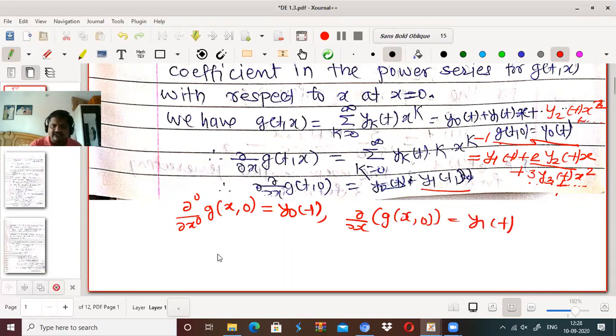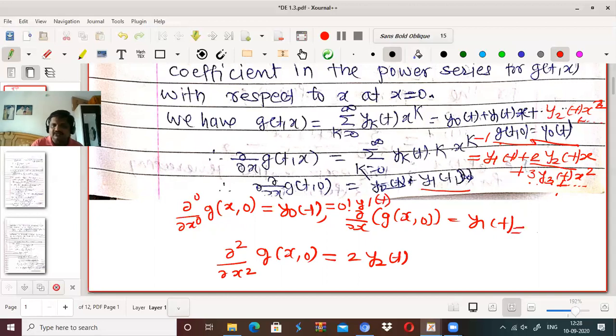If you take the second derivative, what will you get? ∂²/∂x² of g(x, 0) becomes 2 into y2(t). So I will write 0 factorial into y0(t), second 1 factorial into y1(t), third 2 factorial into y2(t).